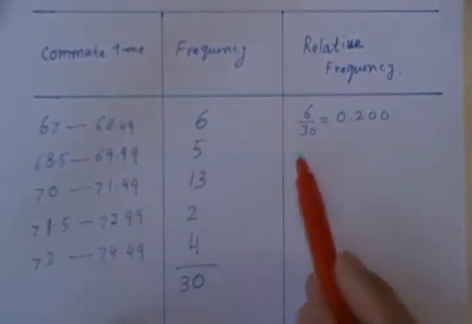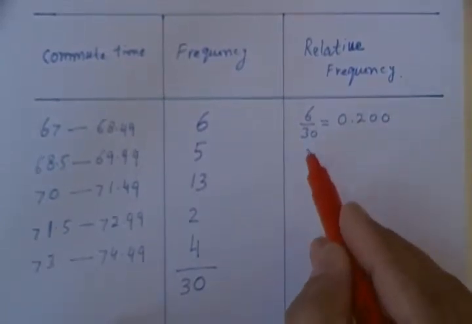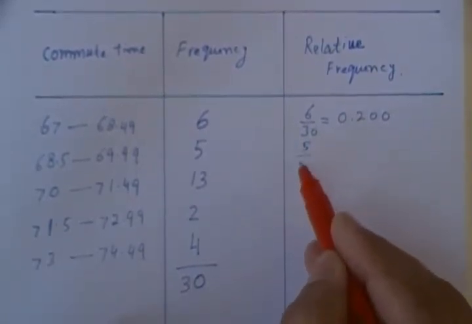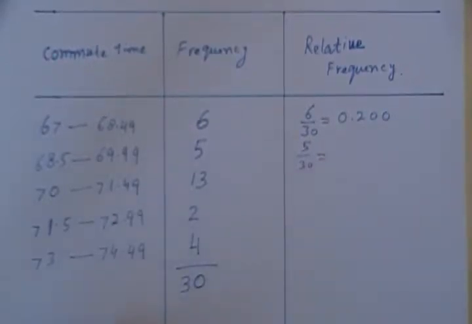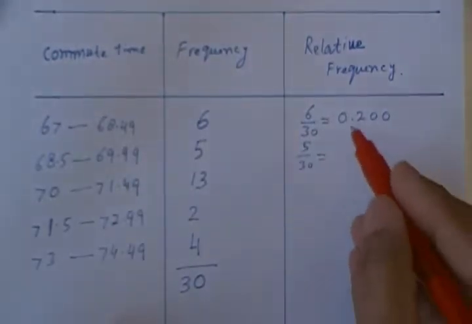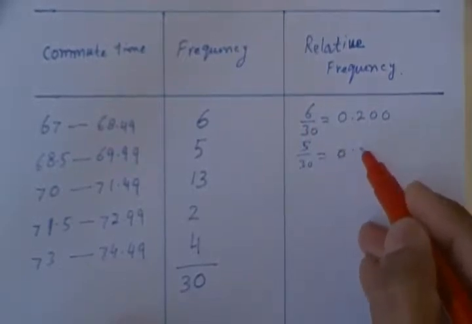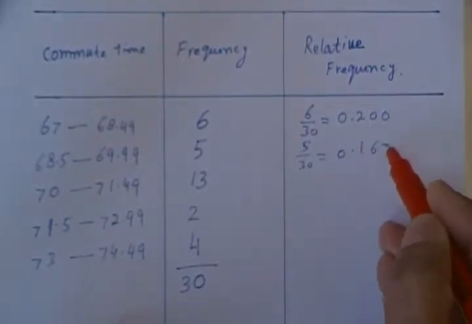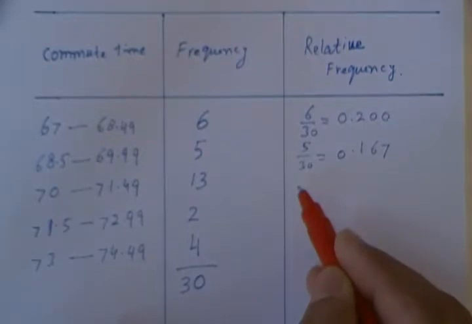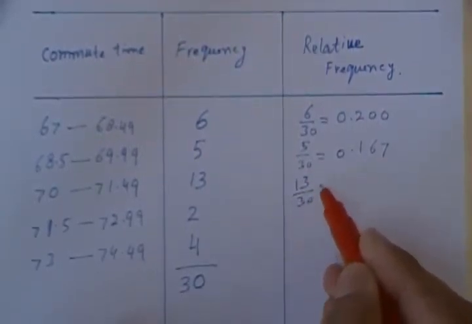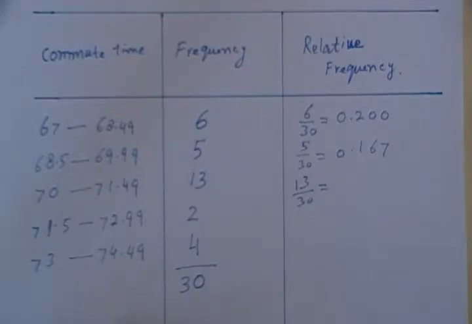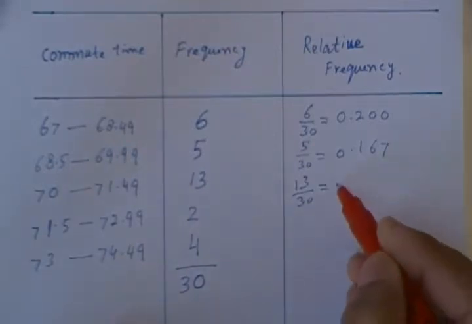The next one is 5 out of 30, which in decimal is approximately 0.167. Then 13 out of 30 is 0.433.